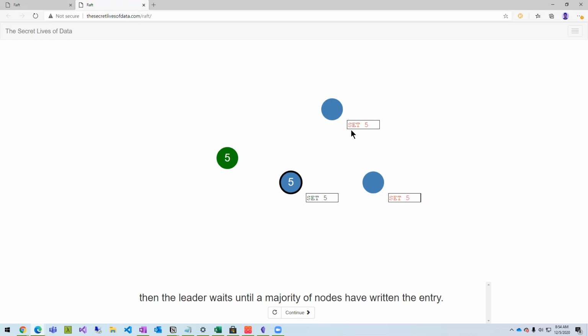Now for the question that is being asked, the leader has not yet responded to the client and the leader has died. So in that case, one thing is clear: as soon as the leader dies, someone else will be the leader, either the top node or the side node. Since the client cannot talk to the leader, he goes to the next node in his list.